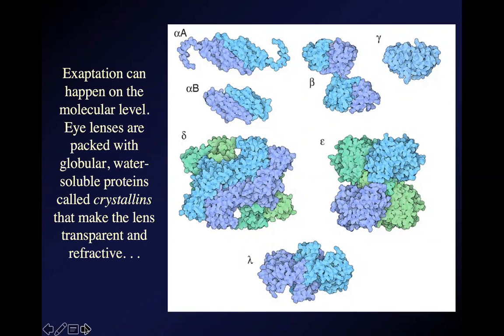This is a bunch of different crystallins: alphas, betas, gammas, deltas, epsilons, and lambdas. These packed together in a very regular fashion in a quasi-crystal method, the way atoms in a crystal pack together in a very regular fashion. And that's what makes the lens transparent and what makes it refractive, what makes it not only pass light, but bend light, which of course is what you need a lens to do.